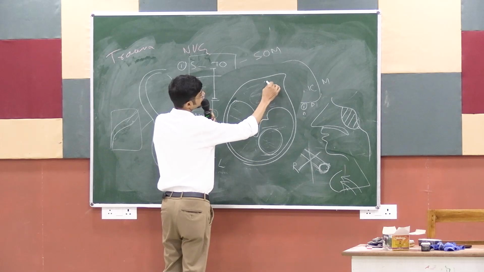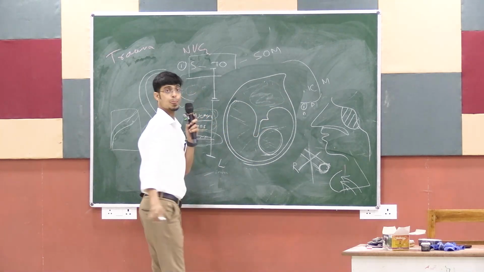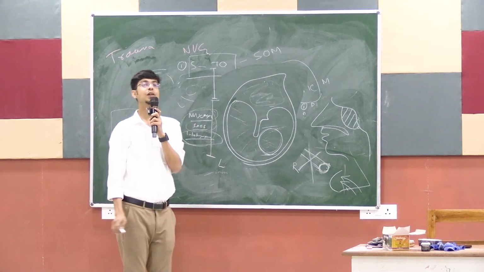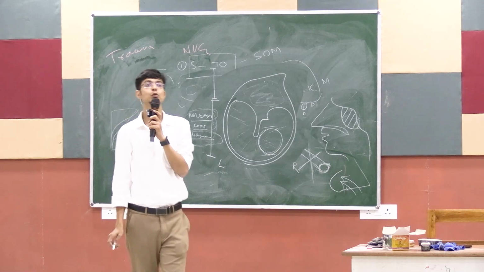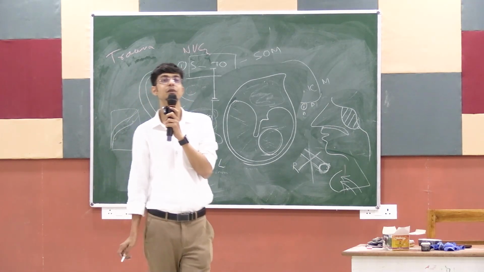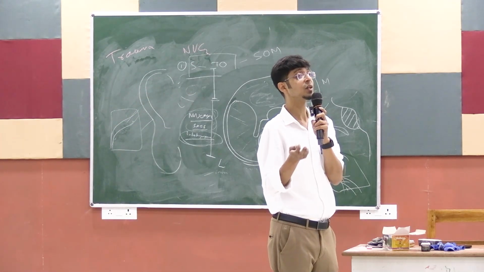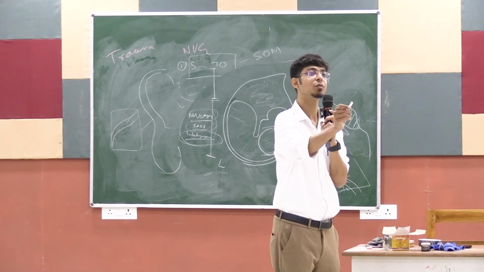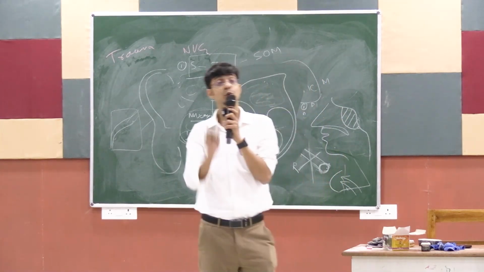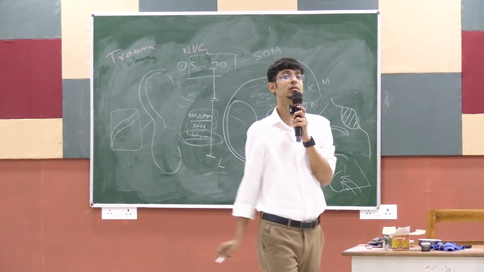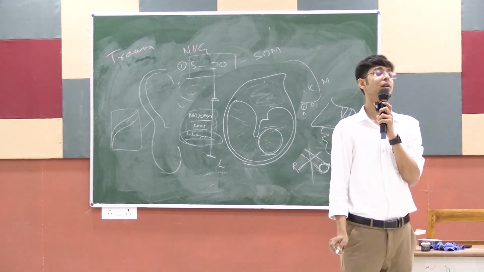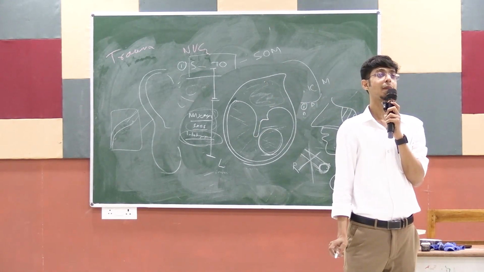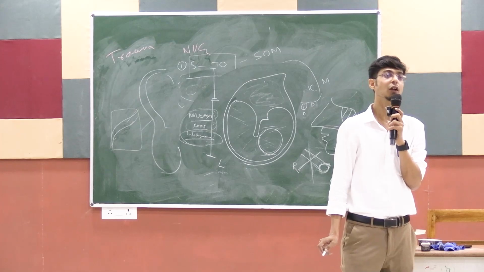So you know what a scutum is? What is scutum? You have gone through the anatomy, right? Which part of the epitympanum? Jyotirmoy. Good, very good. It's the outer bony wall of the epitympanum.